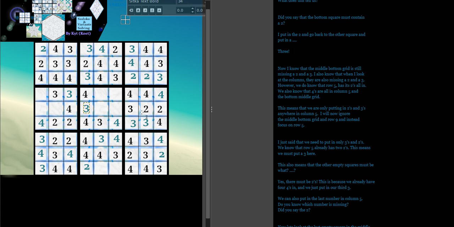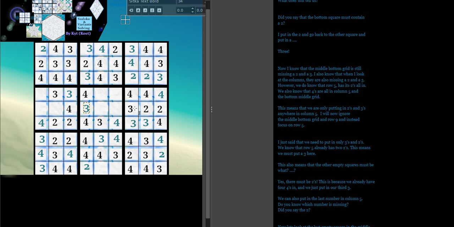We also know that 4's are all in column 5 and the bottom middle grid. This means that we're only putting in 2's and 3's anywhere in column 5. Also, we'll now ignore the middle bottom grid and row 9 and instead focus on row 5.